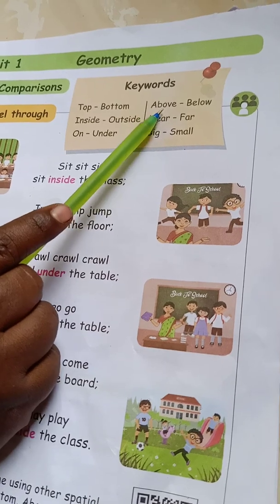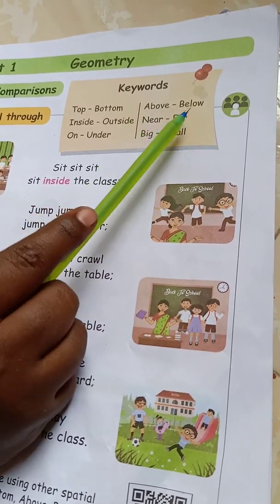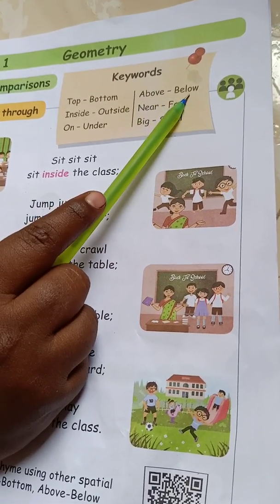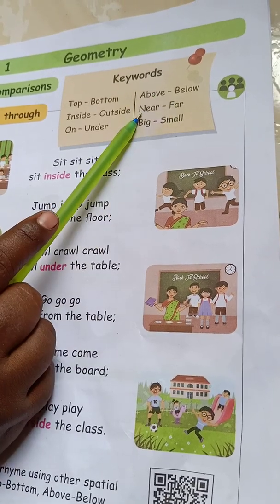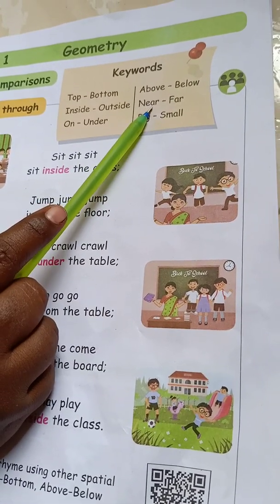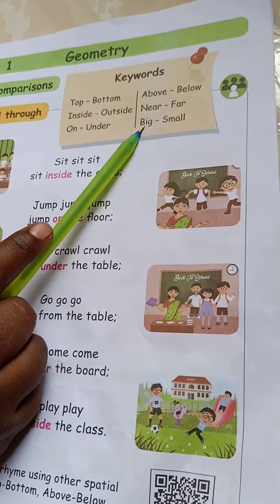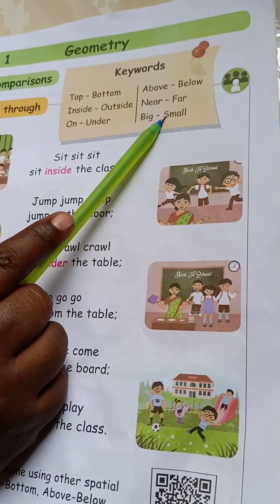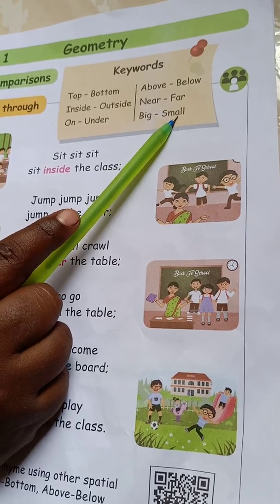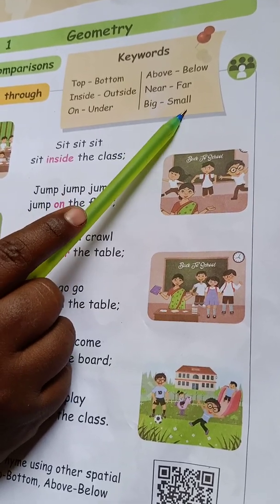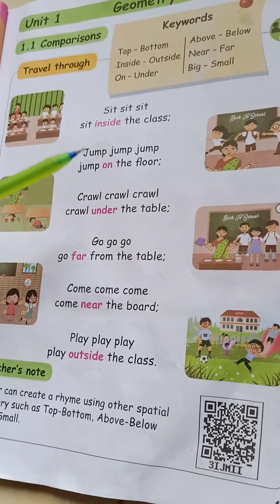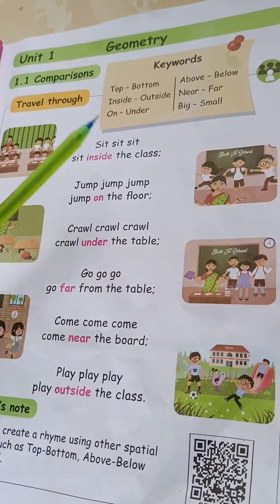Above. Below. Near. Far. Big. Small. Before we see the lesson, let's sing the rhymes.